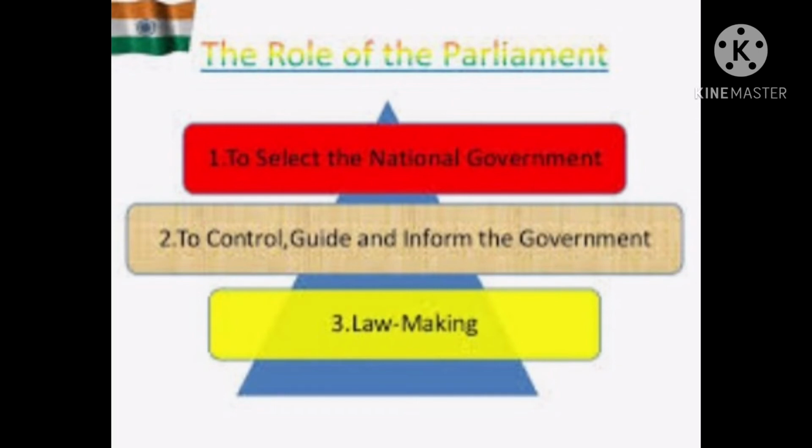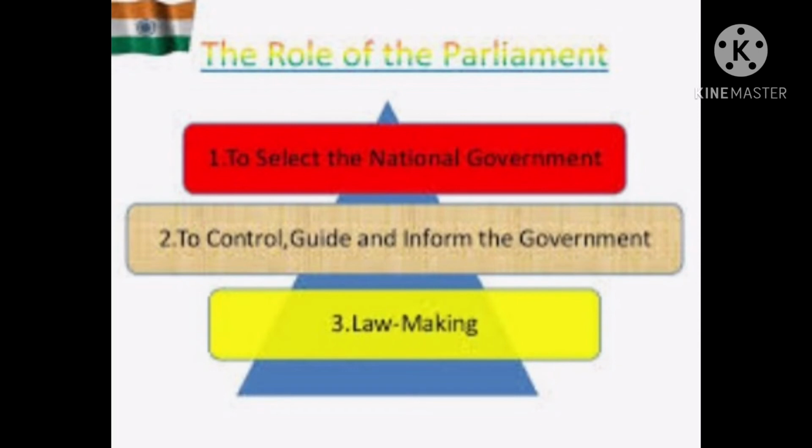Got it? See children, look at your book, page number 37. There are two buildings, right? These two buildings of the Central Secretariat, the South Block and North Block, were built in the 1930s during British rule. The left side photo is South Block, which houses the Prime Minister's Office, PMO.